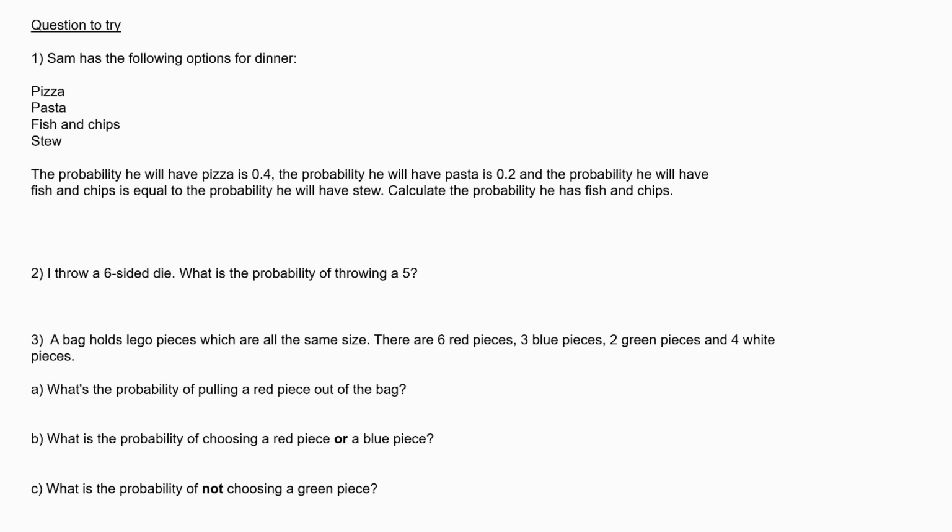Here are the answers. The probability that Sam will have pizza is 0.4, the probability he will have pasta is 0.2, and the probability he has fish and chips is identical to the probability he has stew. And we want to work out the probability that he has fish and chips. Well, to do this, if I do 0.4 plus 0.2, and then plus the probability of fish and chips, plus the probability of stew, that's going to be 1.